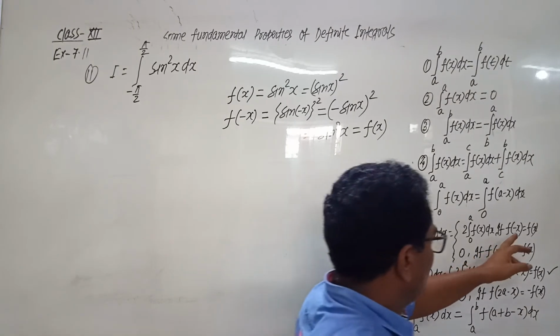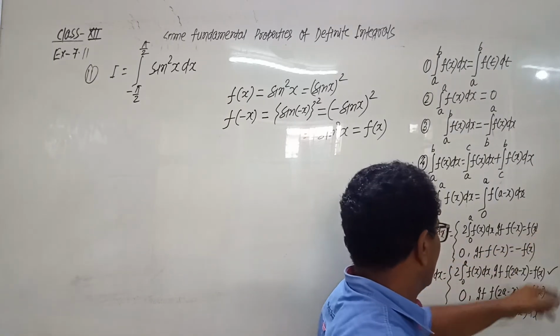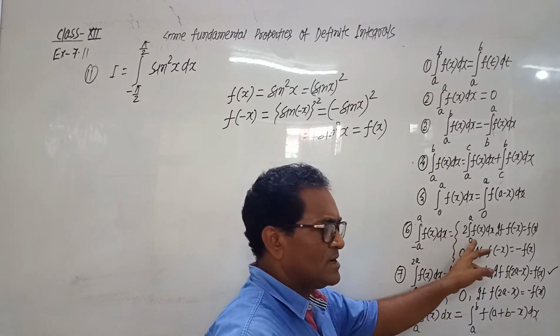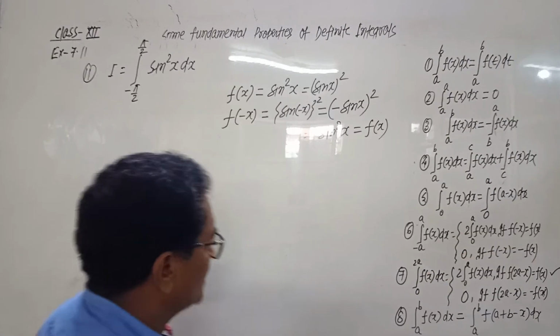So if f of minus x equals f(x), then this integral equals twice the integral from 0 to a of f(x) dx.